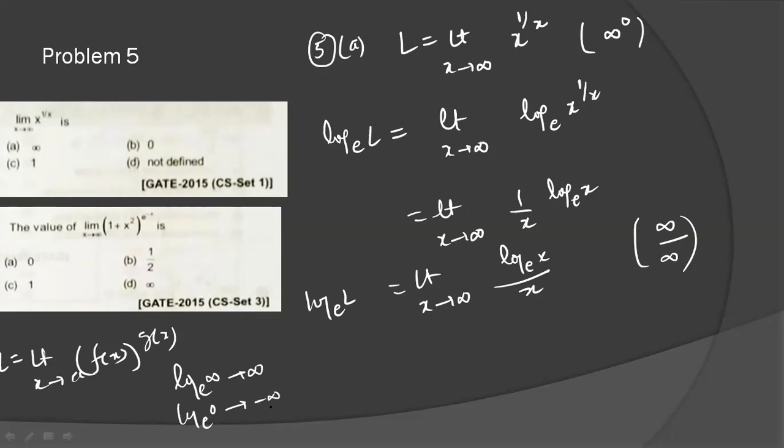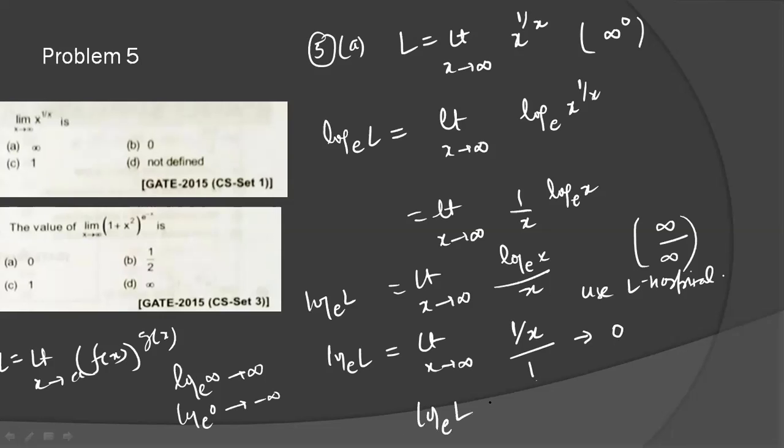Now, this is infinity by infinity form, so we can apply the L'Hospital method. What is L'Hospital? Differentiate numerator and denominator separately. So differentiation of log x will be 1 upon x with respect to x, and differentiation of x will be 1. Now if you apply the limit, because the denominator is 1, you can apply the limit, it will go to 0 because 1 upon infinity goes to 0.